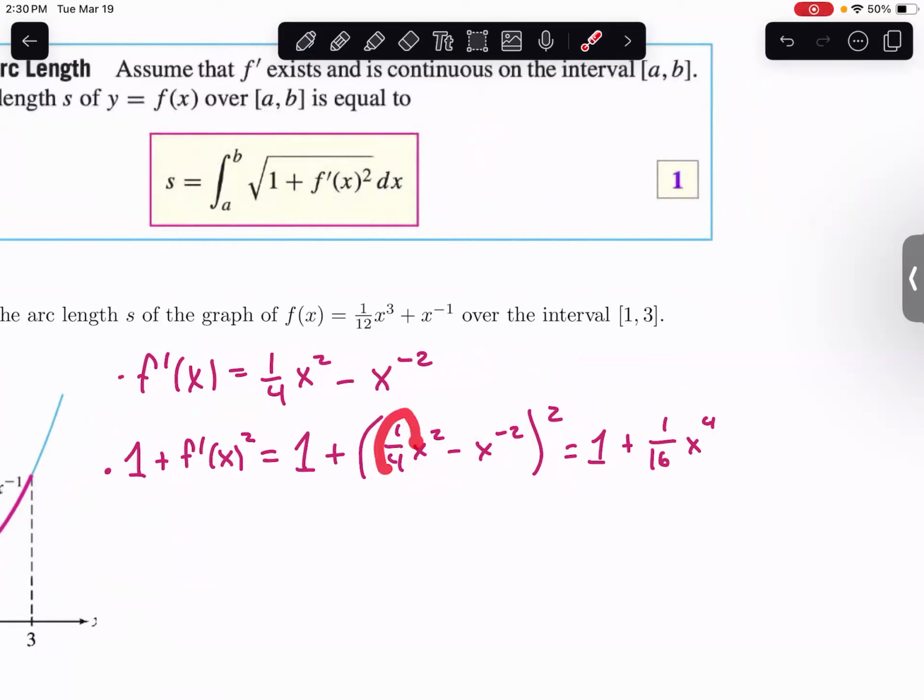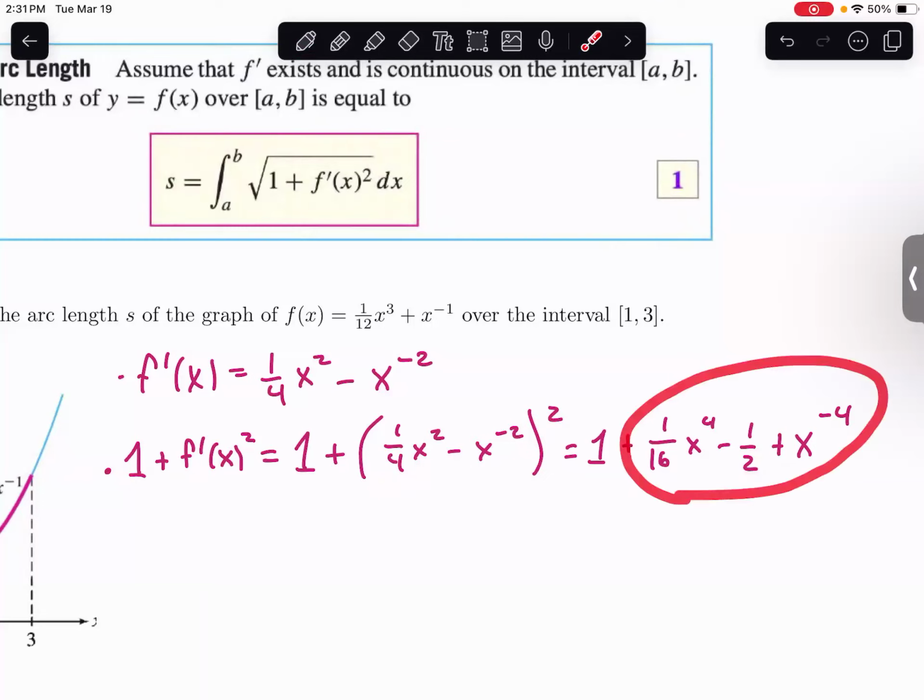And then you have this 1 over 4 in front, so you're really just going to have a minus 1 over 4 minus 1 over 4, which will give you a minus 1/2. And then if you multiply x to the minus 2 by itself, you'll get plus x to the minus 4. So I'm just FOILing out. You can trust what I have written here, or you can FOIL it out yourself and make sure that this is what it ends up being equal to.